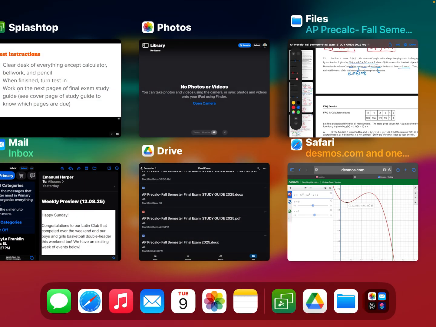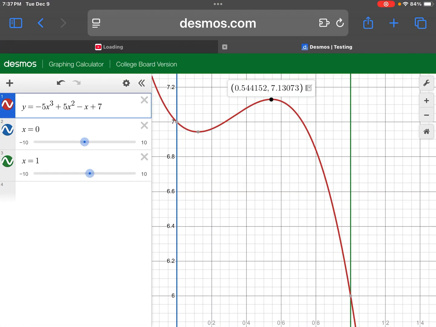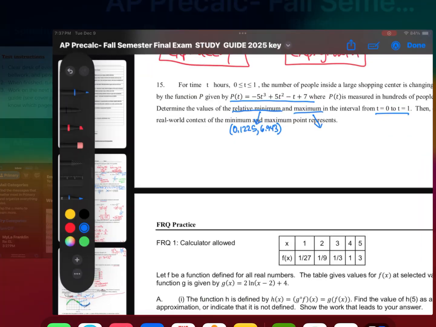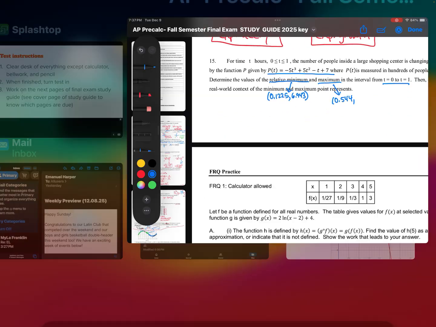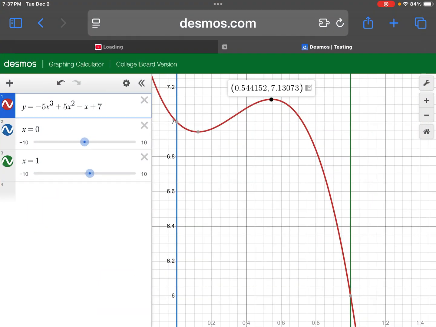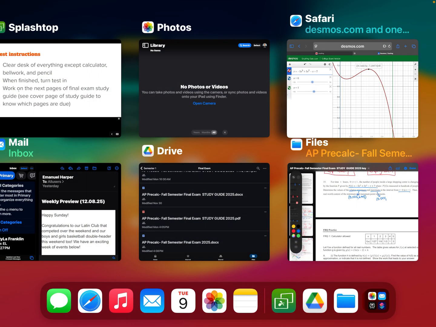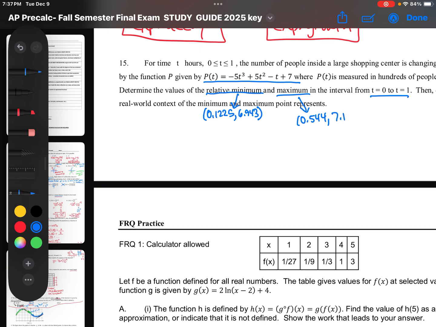All right, now for the maximum, we're going to use that point, 0.544, comma 7.130. That 0 could have been rounded up to a 1.